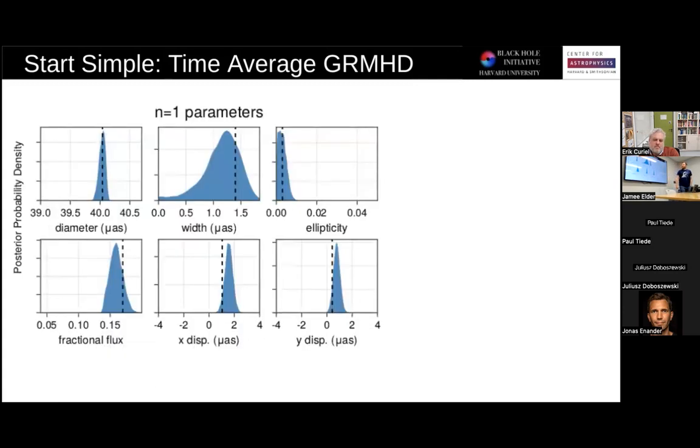And quantitatively, it does fantastic. It gets the diameter perfect. It even makes a pretty decent estimate of the ring width. It does about a 1% constraint on the ellipticity, nails the fractional flux, and even gets the shift that you get from n equals 0 and n equals 1. So it does really well. So now we just need to build an orbiter, right?